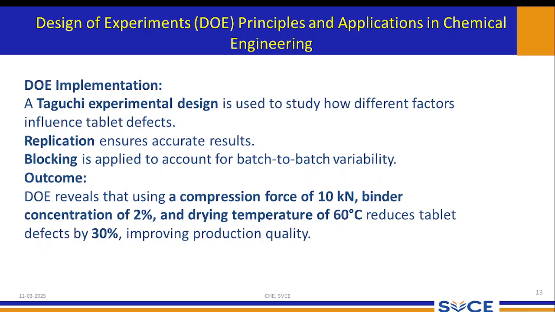Okay, so the Taguchi experimental design is used to study how different factors influence tablet defects. Replication ensures accurate results. Blocking is applied to account for batch to batch variability. The DOE outcome reveals that using a compression force of 10 kilonewton, binder concentration of 2%, and drying temperature of 60 degrees reduces the tablet defects.